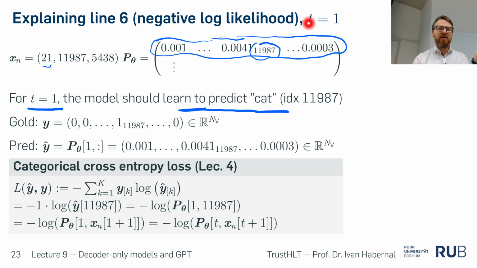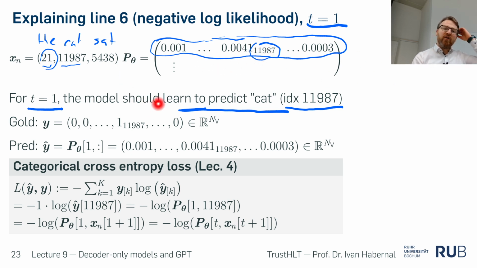And the cat index is 11,987. So of the embedding of this first word, which is turned into the probability distribution over the vocabulary, we're trying to predict what the next word should have been: cat. And that's why I highlighted this position here from this matrix, the position of cat.